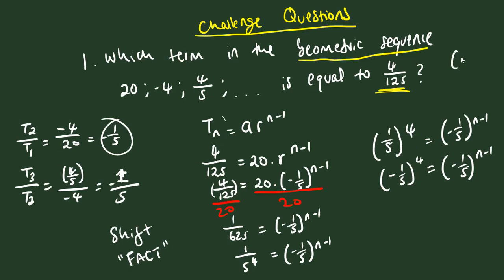Go and put 2 to the power of 4 in your calculator and put negative 2 to the power of 4 in your calculator. You will see that you get the same answer. So as long as it's an even exponent, a negative doesn't matter inside. They give you the same answer. So now you can drop the exponents and say 4 is equal to n minus 1, therefore n will be equal to 5. All right, so that is the first challenge question there.